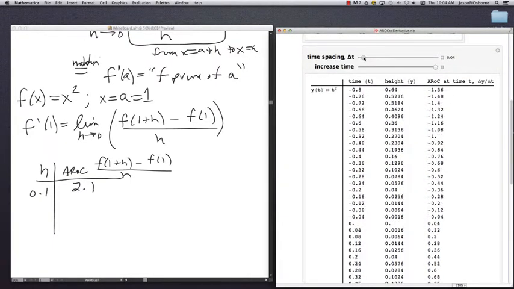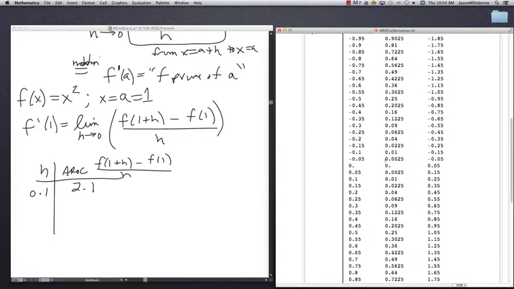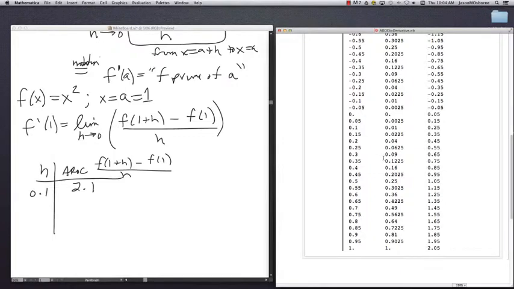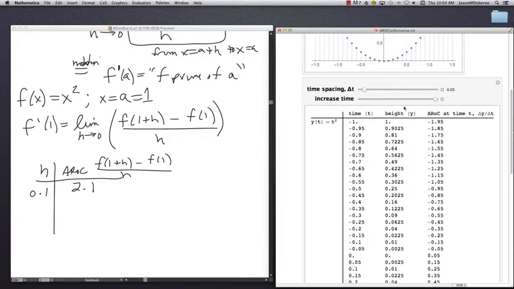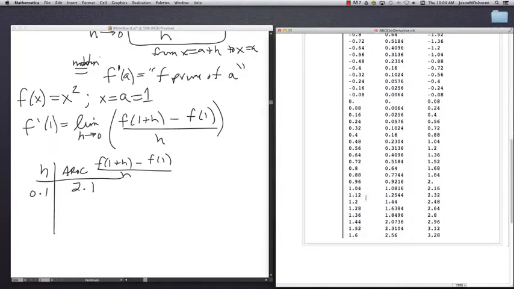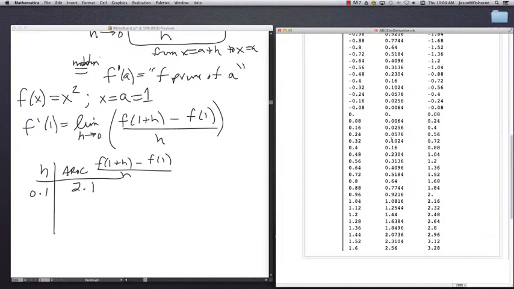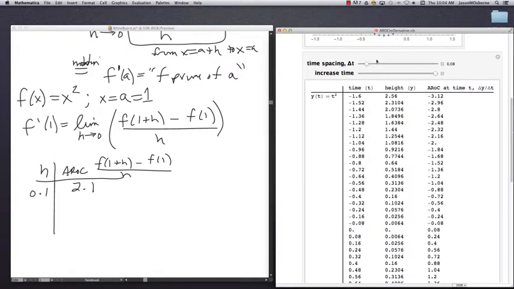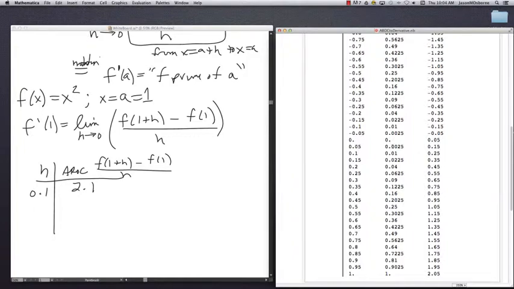I need to change something in the code, but we don't need to do that now. So let's take a look here. Here's our function evaluated at 0.05.